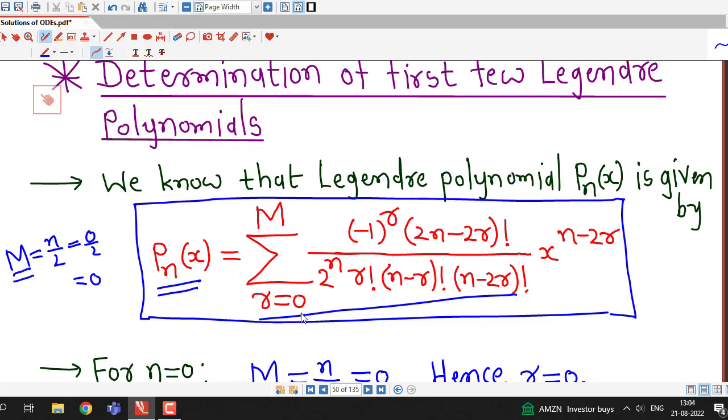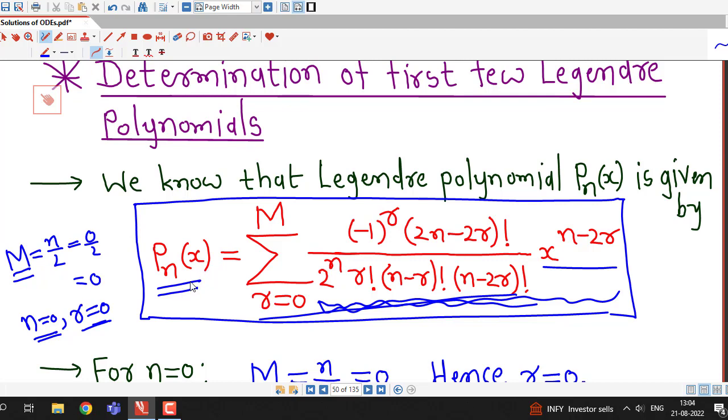So we have to find the value of this expression for n equal to 0, and the possible value of r is 0 only, because r is from 0 to M and M is 0. So we will consider n equal to 0, r equal to 0 in this expression, and see what we obtain.